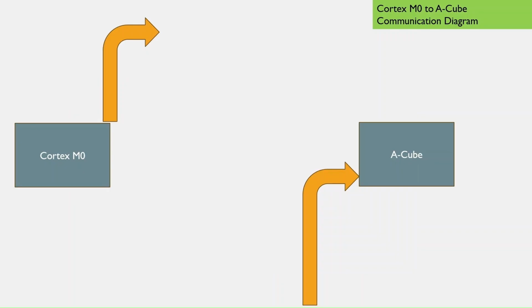Here we have the communication between the ARM microprocessor, the Cortex M0, and the AQ. The communication between the Cortex M0 and the AQ is done via the double buffering method, also known as the swing method.